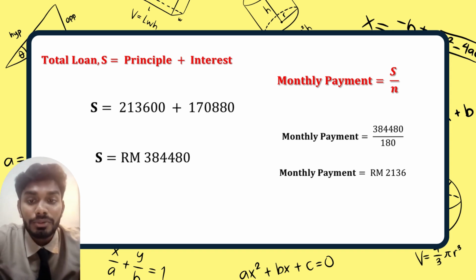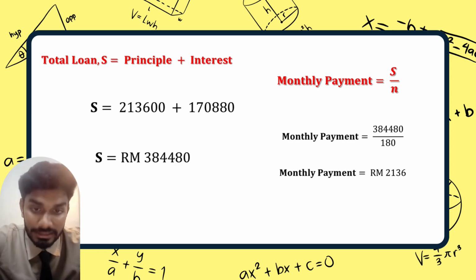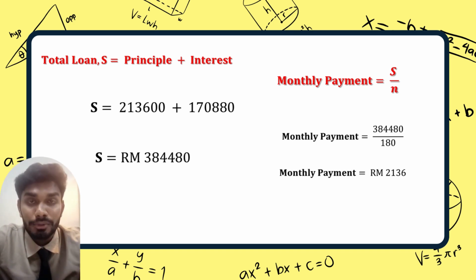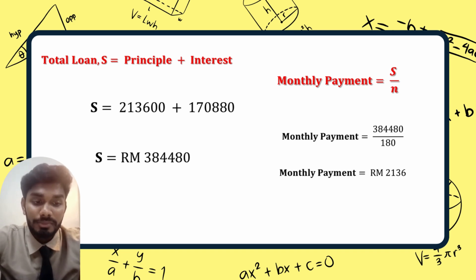The formula is total loan equals principal plus interest. Our principal is 213,600 plus 170,880, which gives 384,480. That is the total loan for Gloria's house. To find the monthly payment, we use monthly payment equals S divided by N. Our total loan is 384,480 divided by 180.